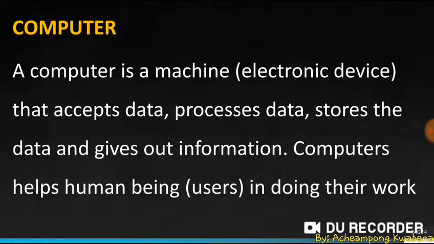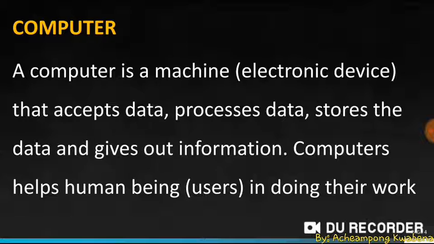Now let's look at what a computer is. I hope you know what a computer is. We always say that a computer is a machine. Yes, a computer is a machine. But what does it do? So let's look at what a computer does.